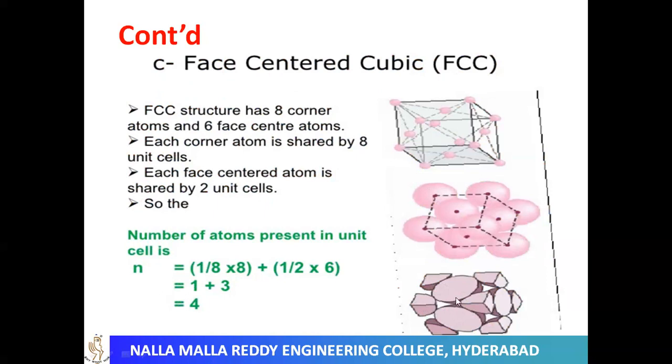When we generate the crystal lattice, the atoms at the face centers will be shared by 2 unit cells. So 6 faces with half contribution each, and the total number of atoms will be 4.